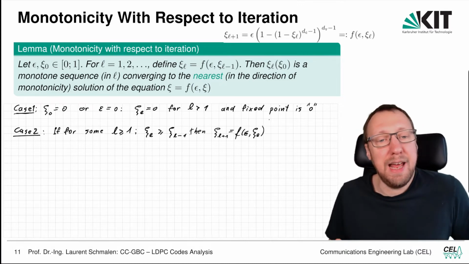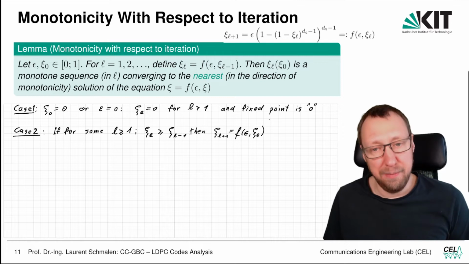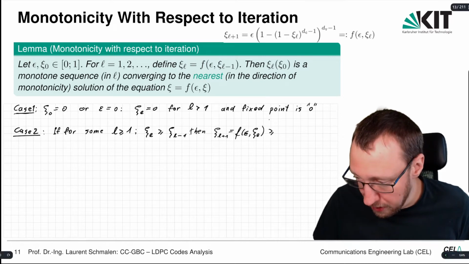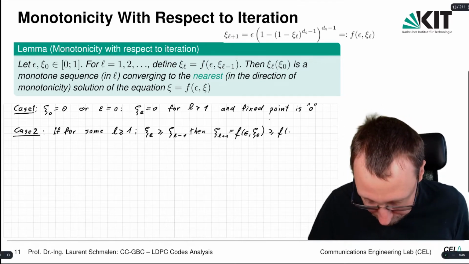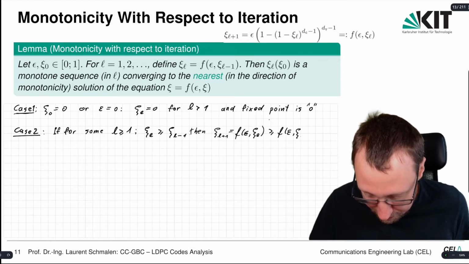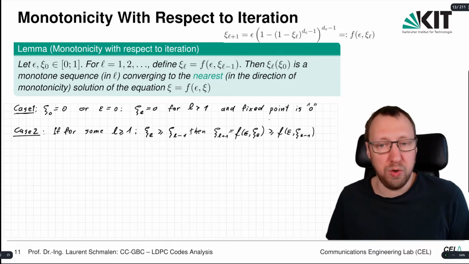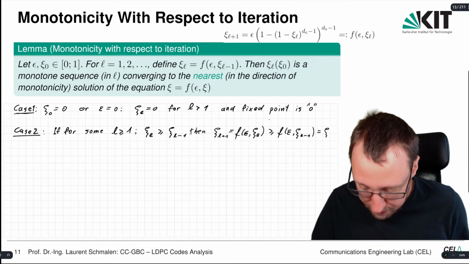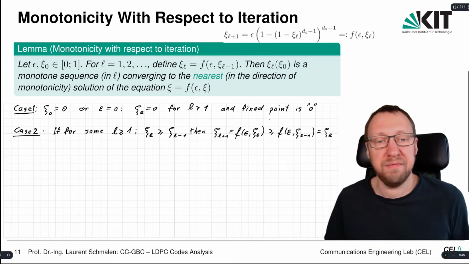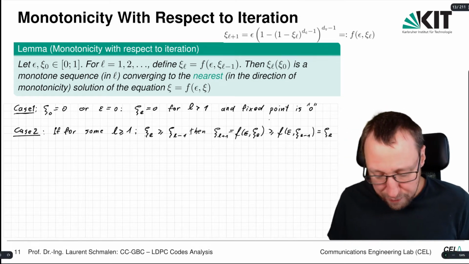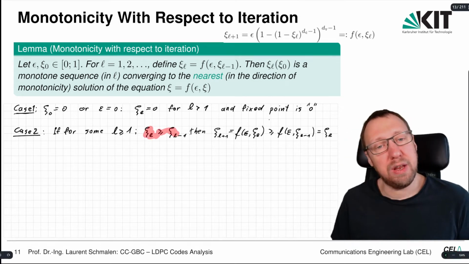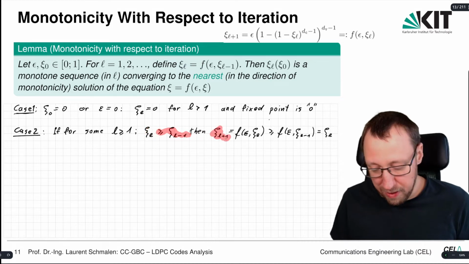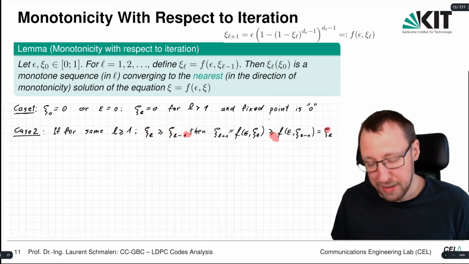And because C_l is larger or equal than C_{l-1}, this is larger or equal than f of epsilon C_{l-1} because of monotonicity. And this is equal to C_l. So if C_l is larger or equal than C_{l-1}, then C_{l+1} is larger or equal than C_l.